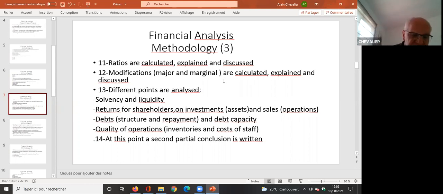And the cost of staff is a basic idea of productivity.